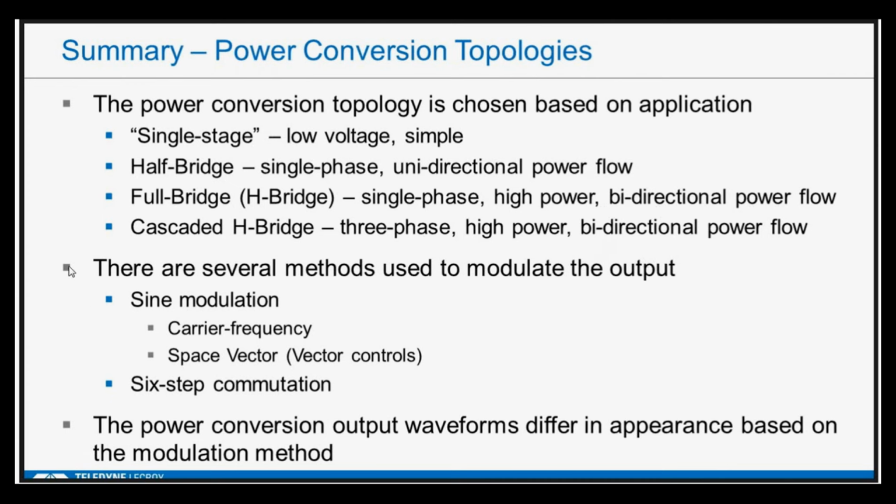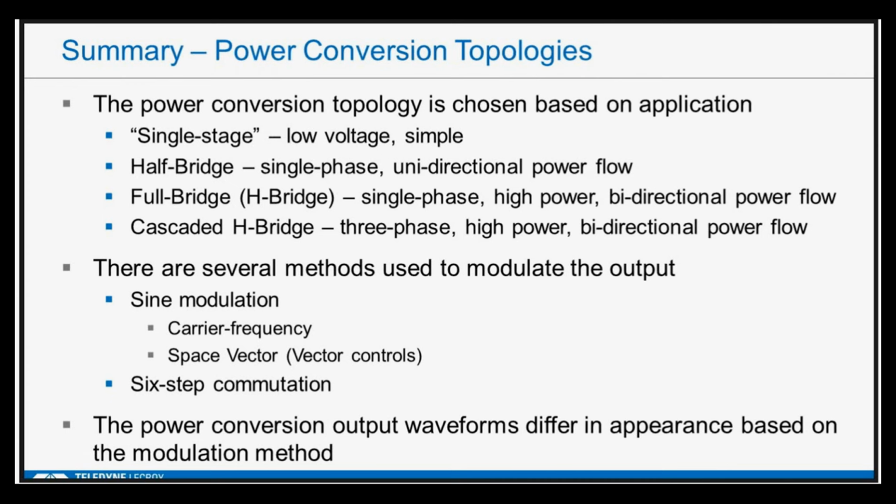There's a few different techniques used to modulate the output. There's a sign modulated technique, which we talked about, and also a 6-step commutation. There's also really a couple different ways to do the sign modulation. Carrier frequency is what we described. There's also something called space vector modulation, or vector controls, and that's a more complicated way to do it.